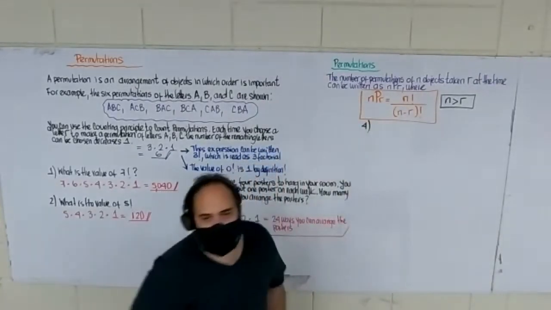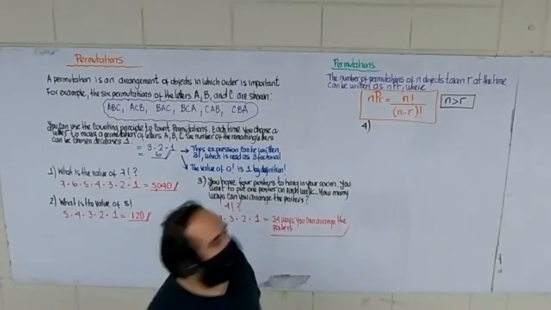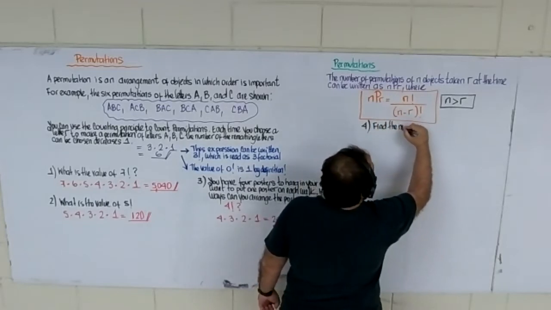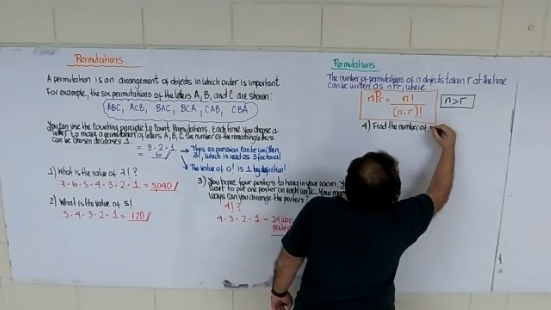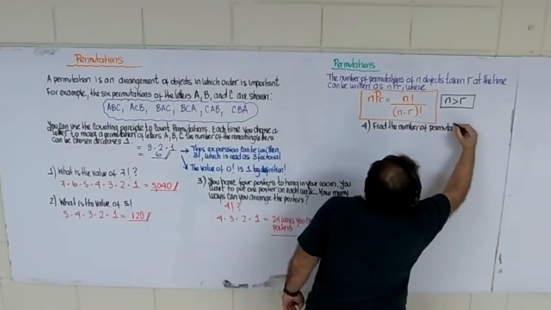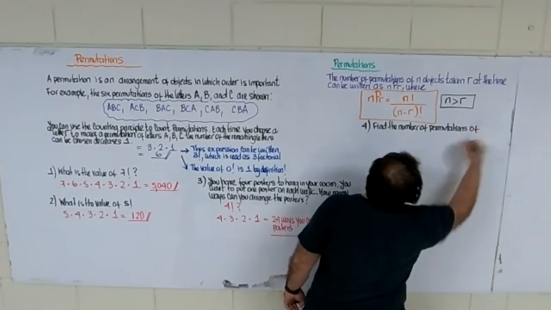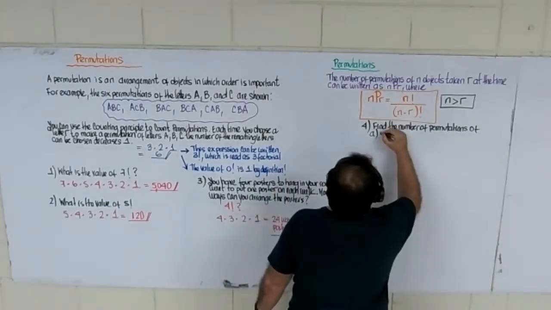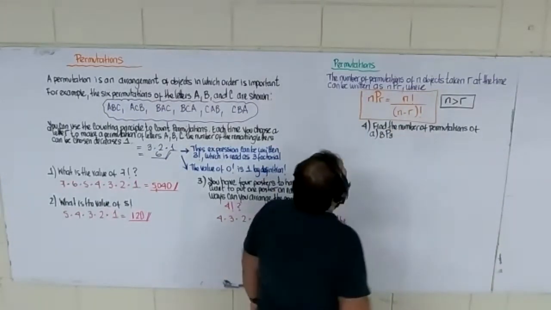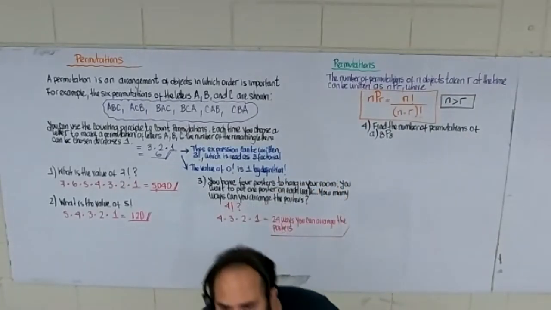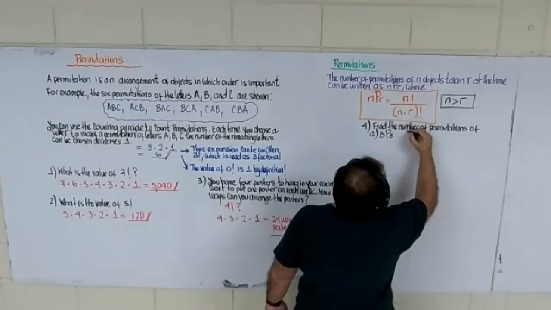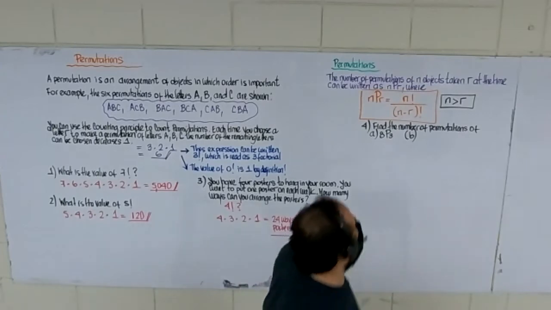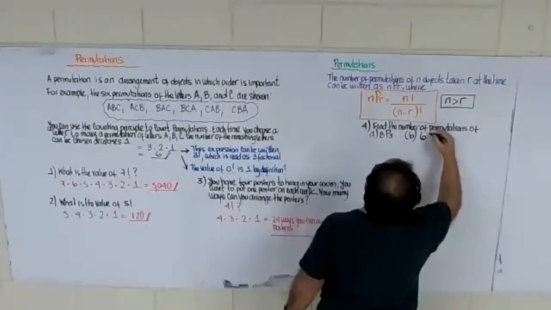Example number 4 says: find the number of permutations. For letter A, we have 8P3, and for letter B, we have 6P2.